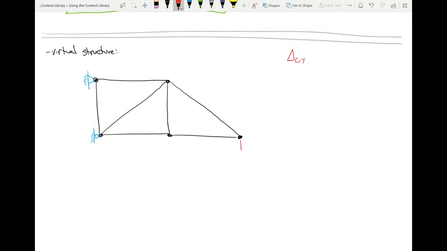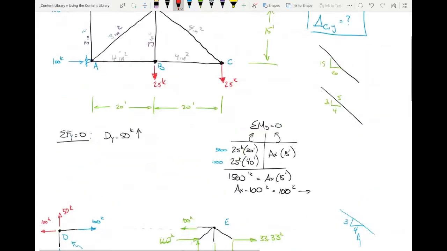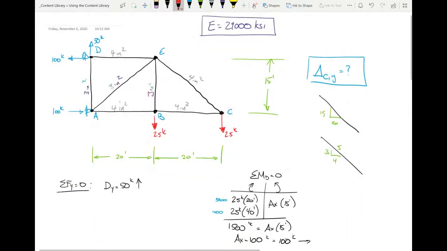So first off, we need to place a 1.0 load at C, because remember, this was A, B, C, D, and E. And as for the direction, the magnitude is 1. What about the direction? I kind of think that is going to be pointing downwards. If I look at the original structure, I think that point C is going to deflect downwards.